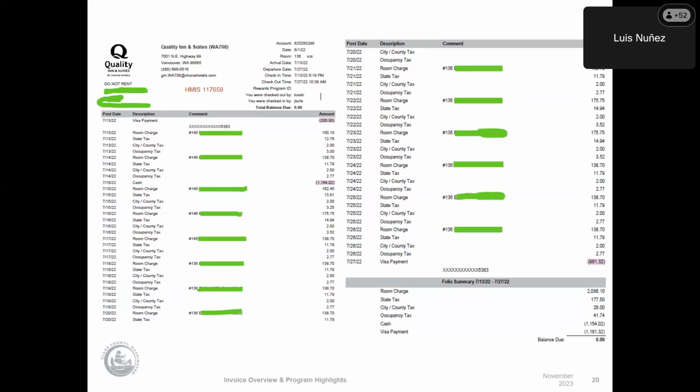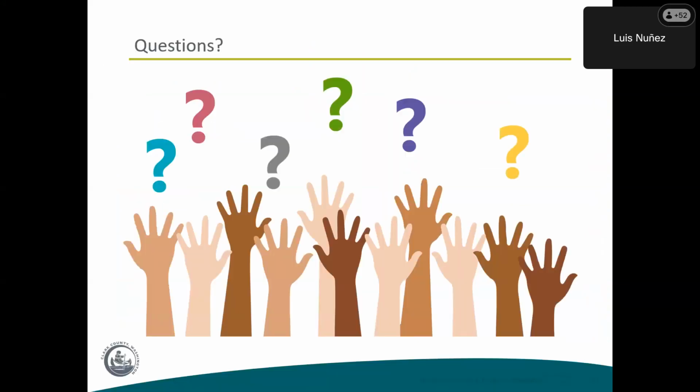So if you see the $200 Visa payment that was prepaid, and then the cash payment, and then the Visa payment at the bottom, they're essentially billing for those reimbursements. Any questions?